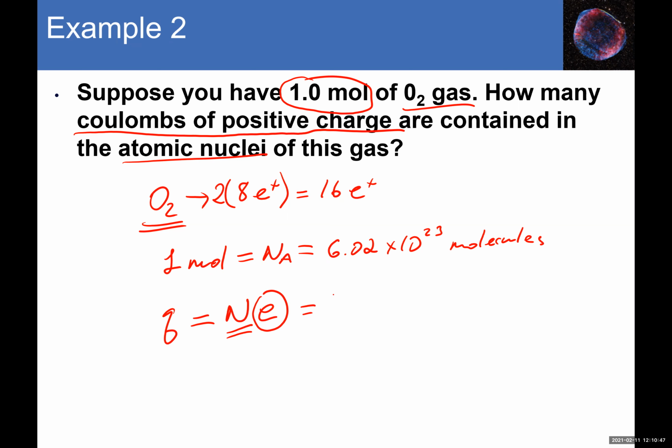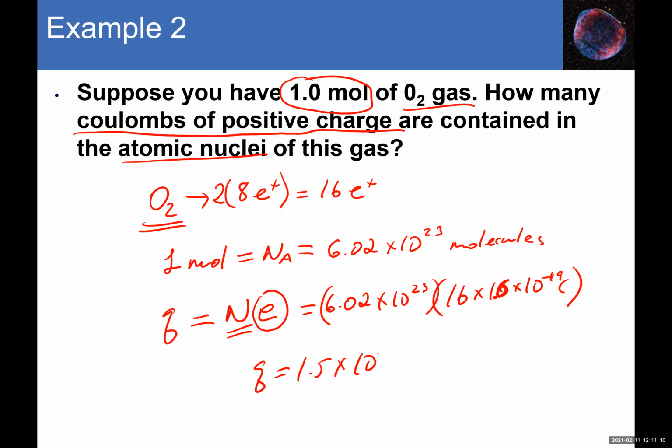We have 6.02 times 10 to the 23 molecules, and each molecule has a charge of 16 e, where e stands for 1.6 times 10 to the negative 19 coulomb. Calculating everything together, the charge is 1.5 times 10 to the 6 coulomb.